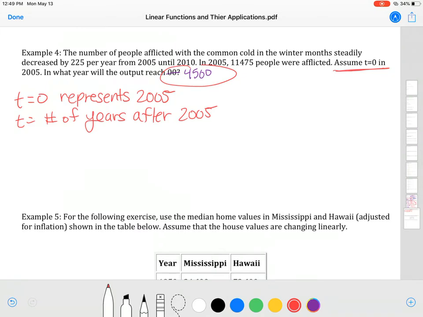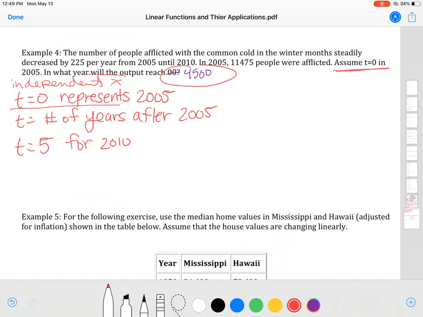Which means, for example, T would be 5 for 2010 because that's 5 years after 2005. Now let's go back and identify the other variable. We have one variable, that's T, which is our independent variable.